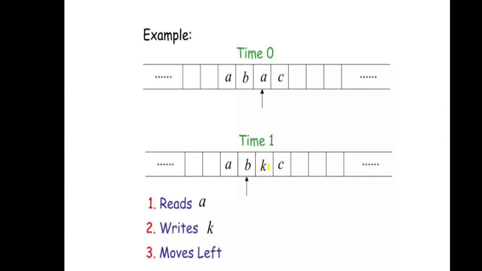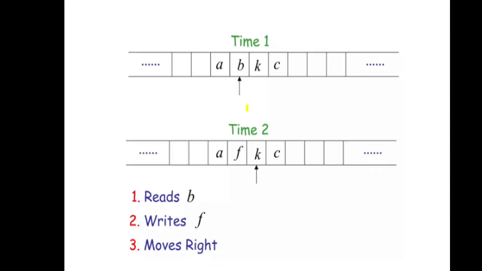So it reads A and writes K after the process, and moves left. Now it moves left.